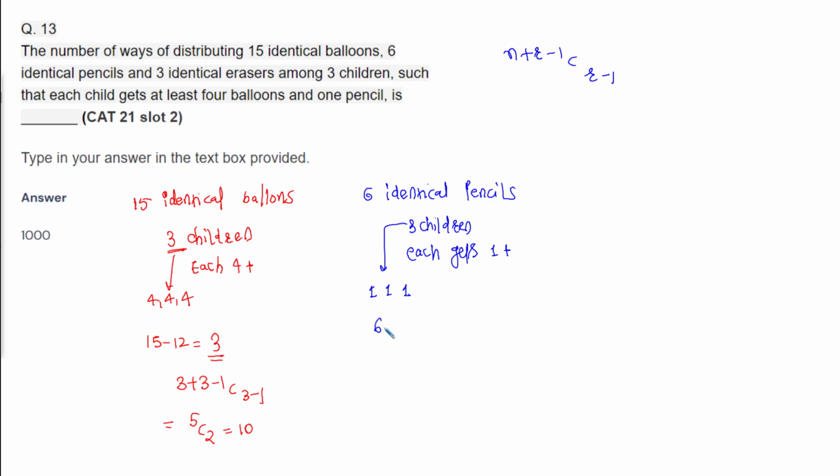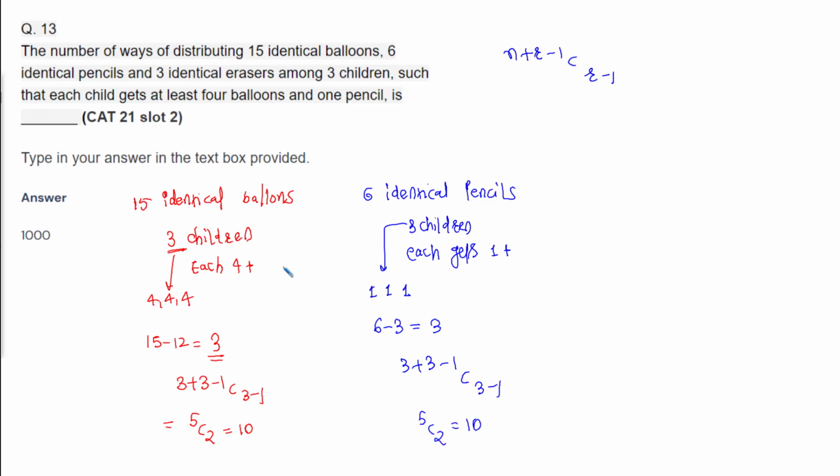So out of 6 identical pencils, 3 are gone, 3 are left. Now there is no condition. These 3 identical pencils are distributed between 3 children. In how many ways can we do this? 3 plus 3 minus 1, C 3 minus 1, that is 5C2, that is again 10.